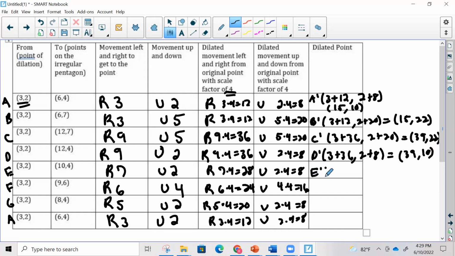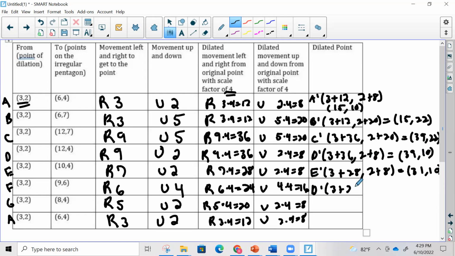Okay, E is again starting at 3, 2. The X value of 3, I'm moving right 28, so I'm adding 28. And the Y value of 2, I'm moving up 8, so I'm adding 8. And we get 31 and 10. And I'm doing that for each point.